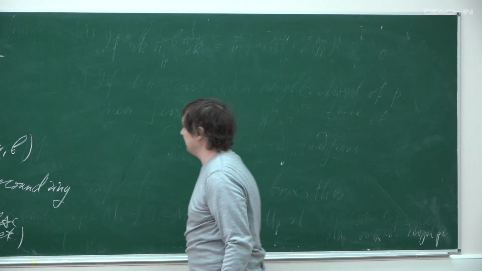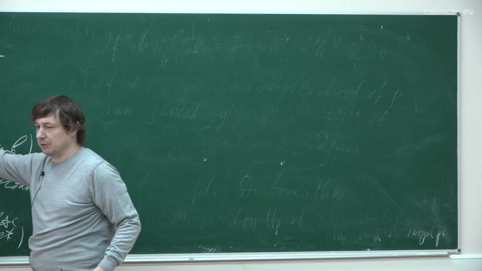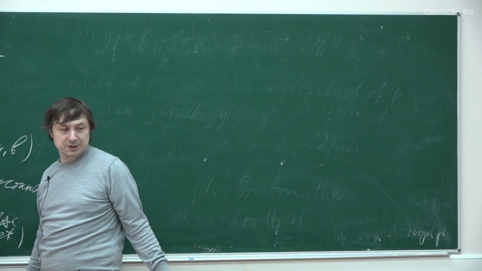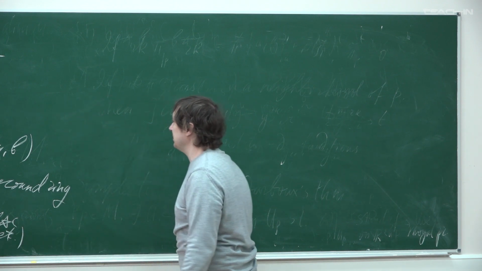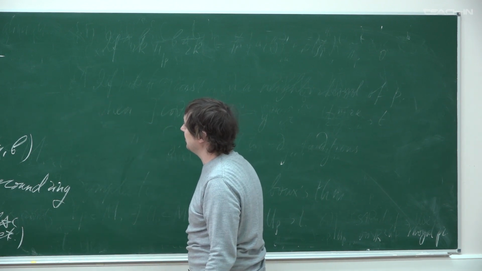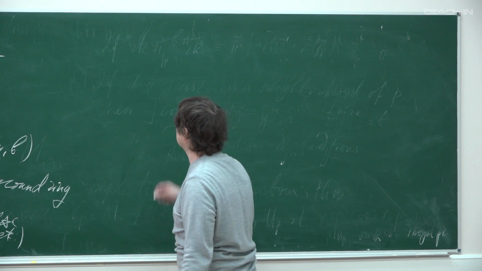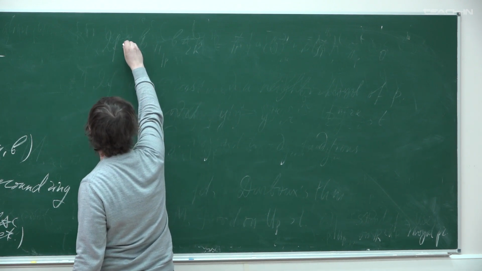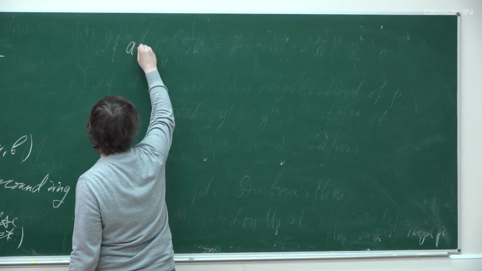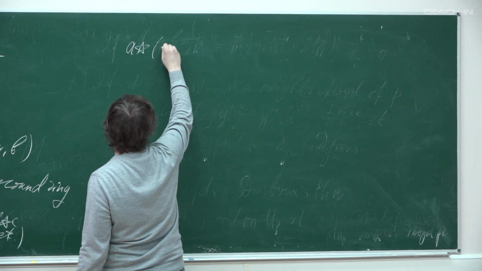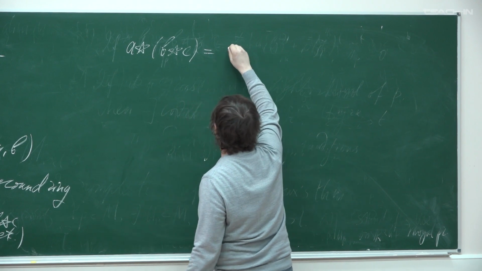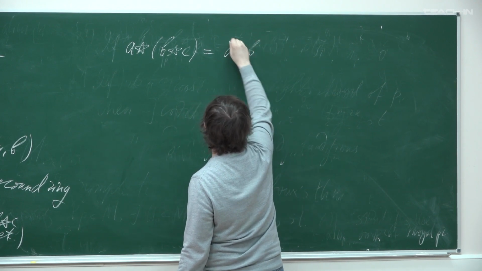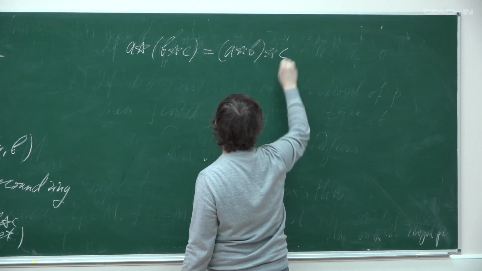We don't care about the second term because we have no prescriptions as far as the second terms are concerned. But we can still ask for the associativity of the star product. So what does this associativity condition mean? It means that (a star b) star c is equal to a star (b star c).